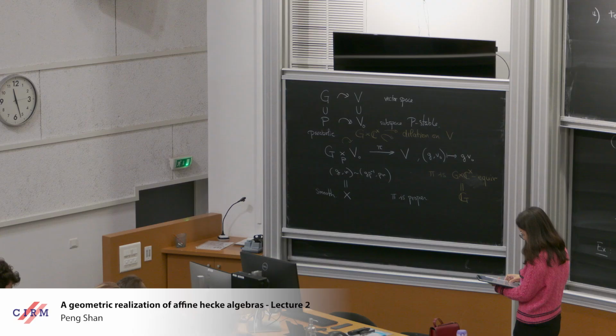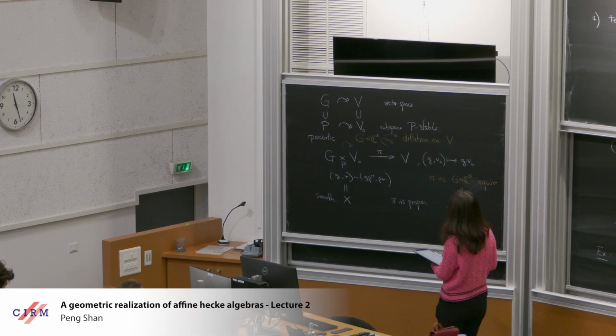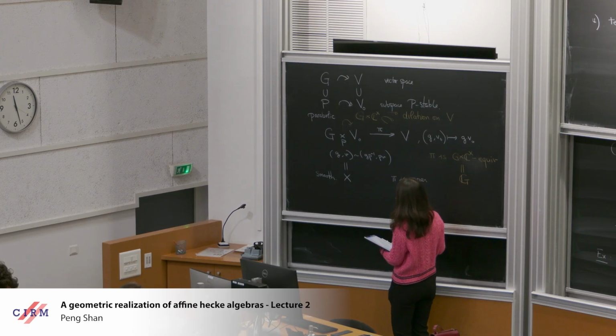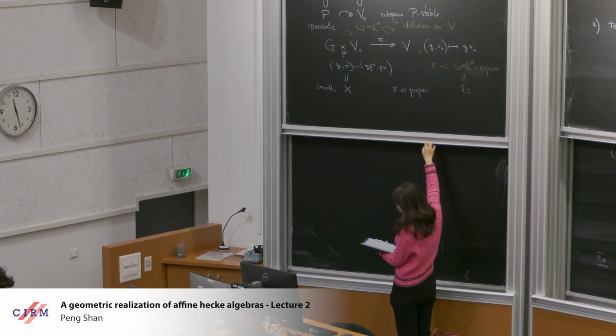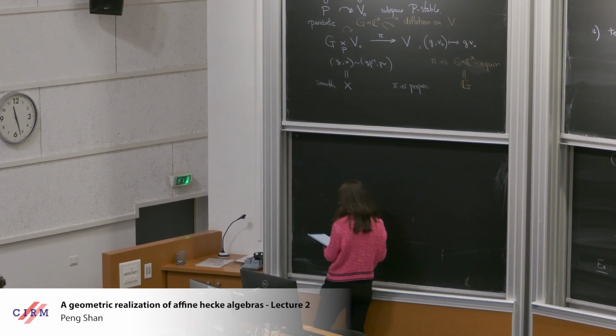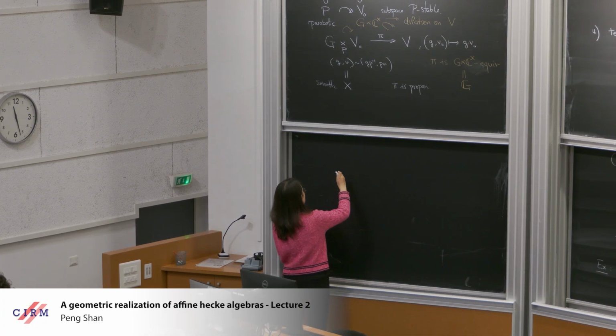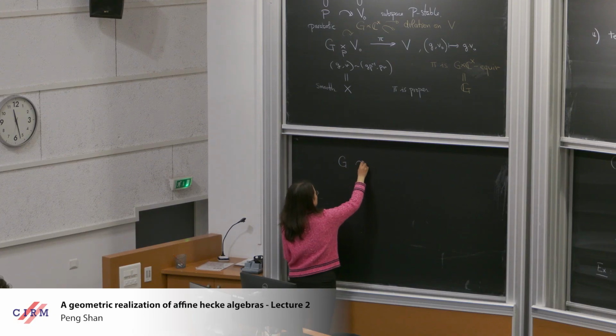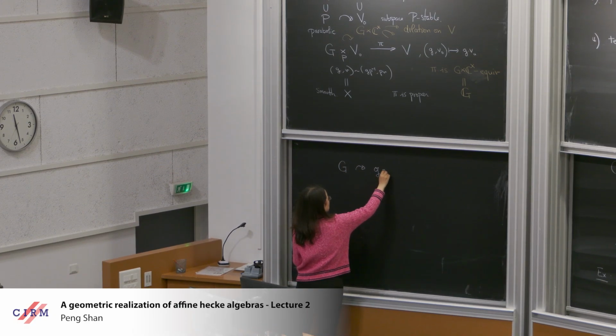Okay, and so you can consider the convolution algebra in this generality. And for our purpose, we're interested in the affine Hecke algebra. And in that situation, what do you consider? You consider the G action on its Lie algebra.